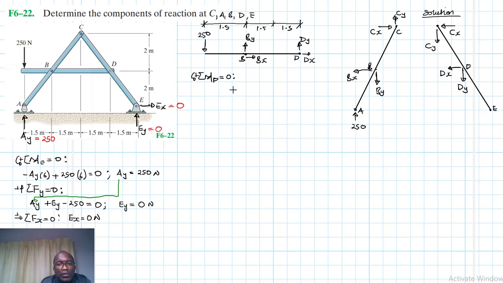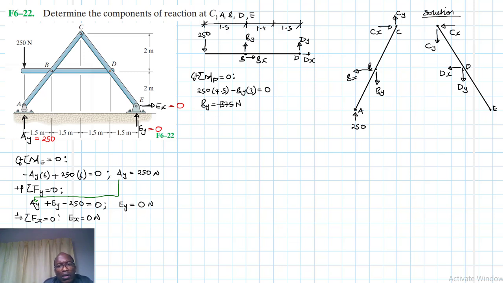So about D, we have 250 by 4.5, and then minus BY by 3 equal to 0, and therefore BY is just going to be equal to 250 by 4.5 divided by 3, which is 375 newtons.